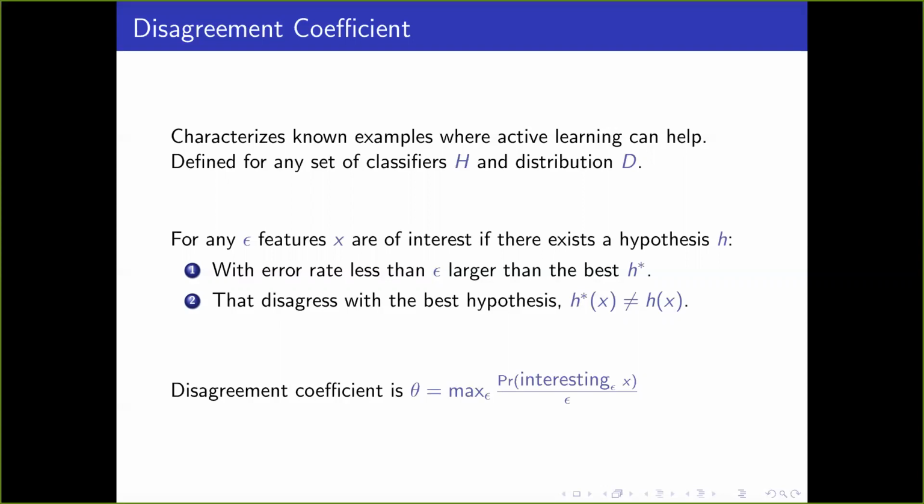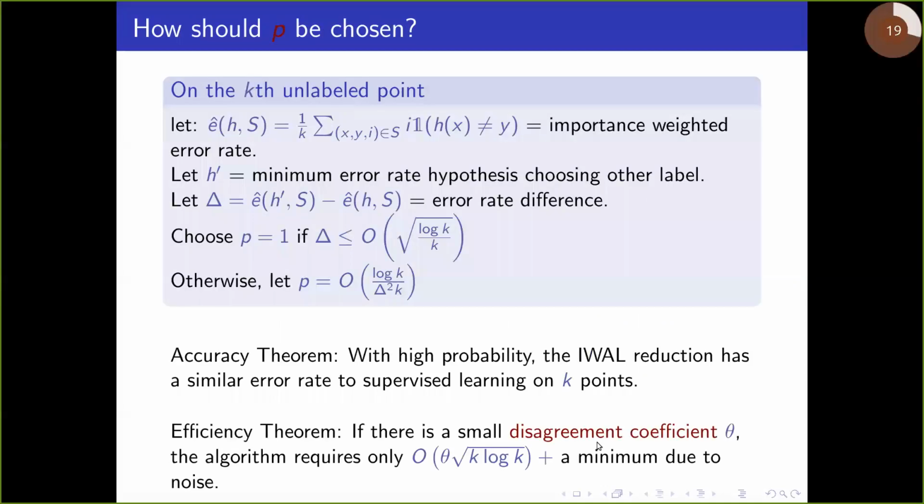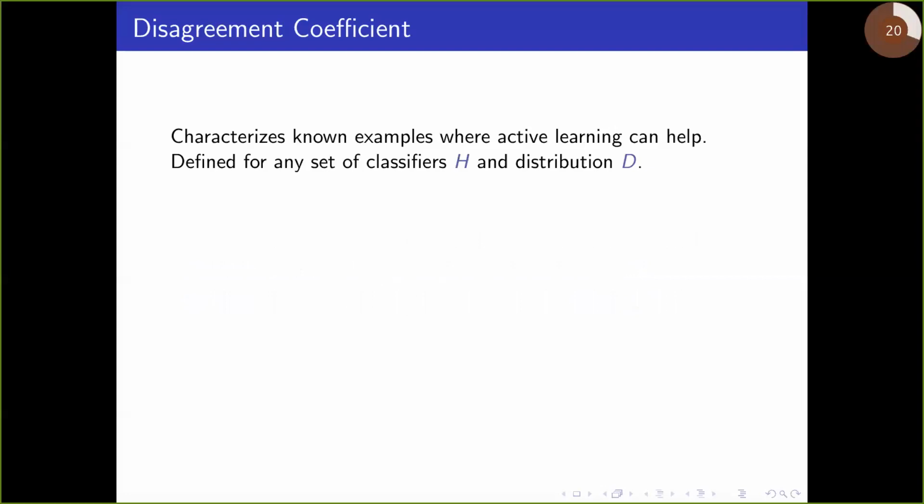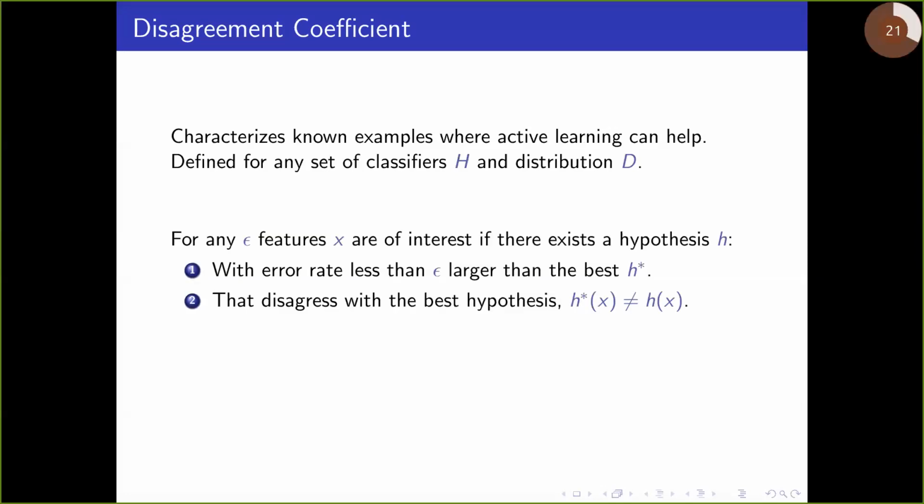You could imagine doing something else, and in particular, let me go back here. This analysis is actually kind of pessimistic because it assumes that all of the errors are within a small epsilon region. So you would prefer to have a more refined notion than the disagreement coefficient, because it doesn't take into account where the necessary errors are in your classifier set. Let me rephrase that.